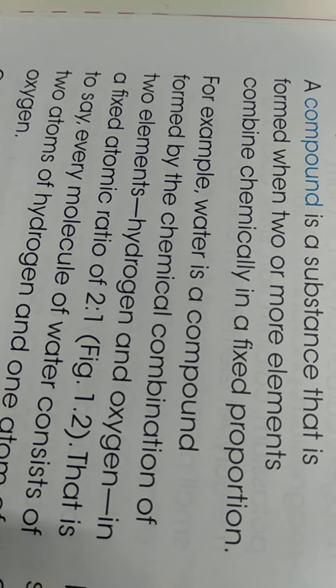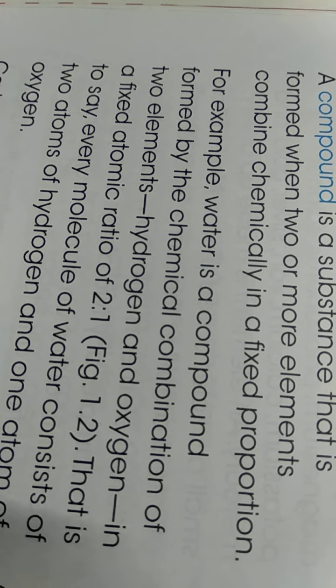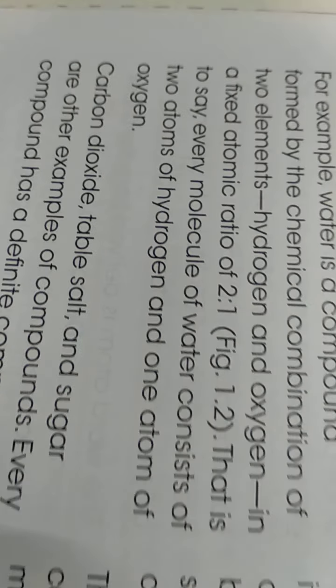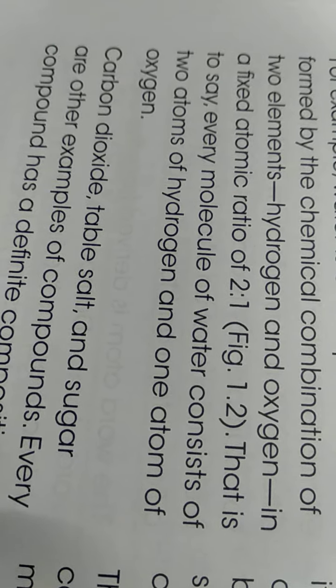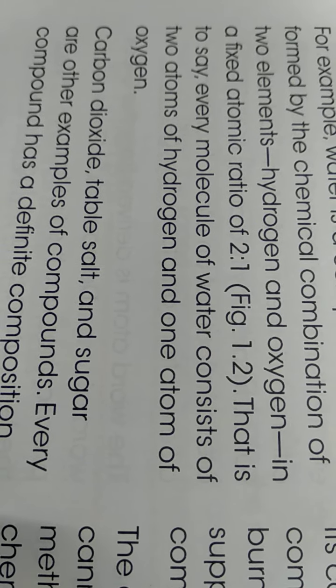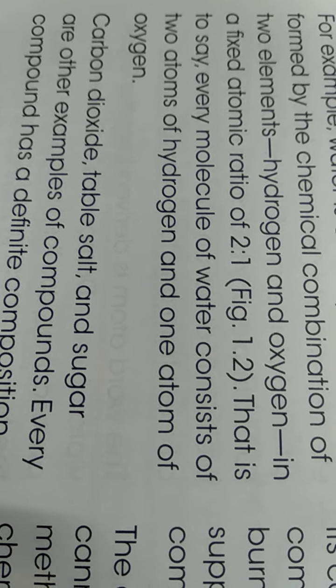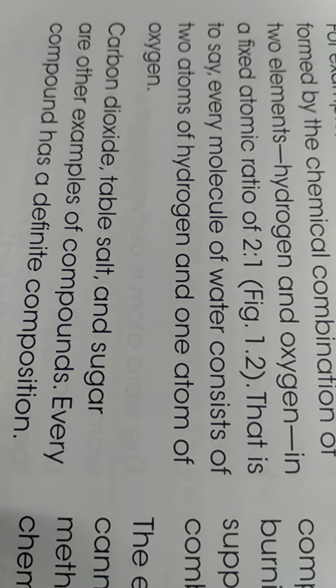That is to say, every molecule of water contains the same formula of 2 atoms of hydrogen and 1 atom of oxygen. Carbon dioxide, table salt, and sugar are other examples of compounds.